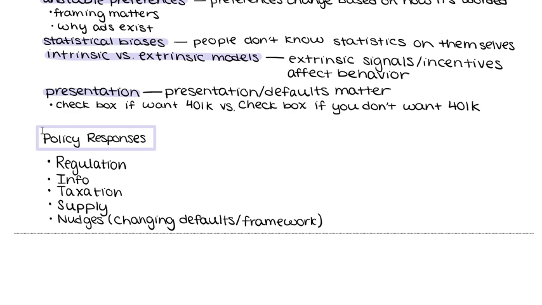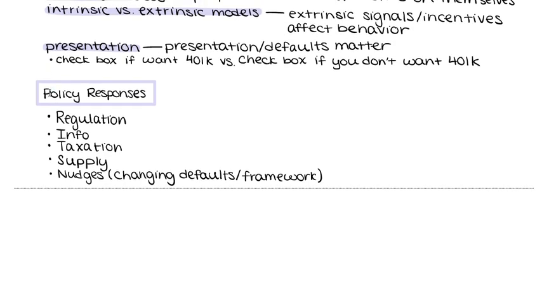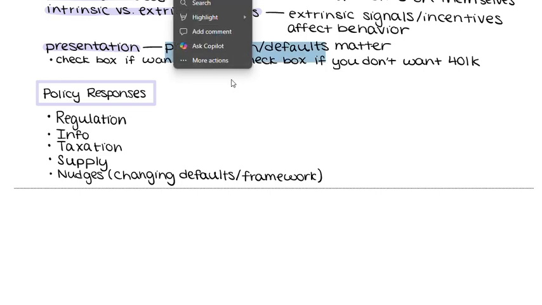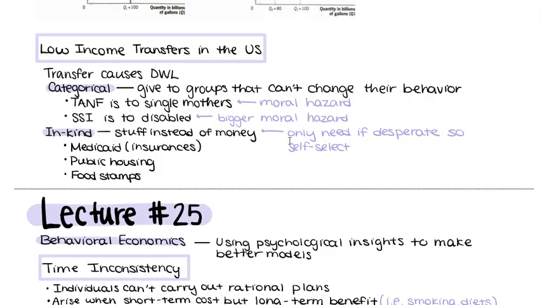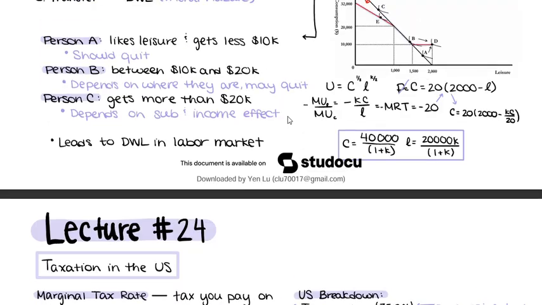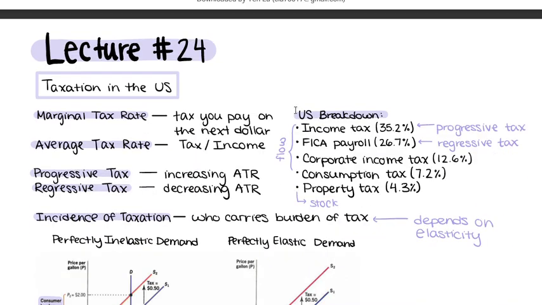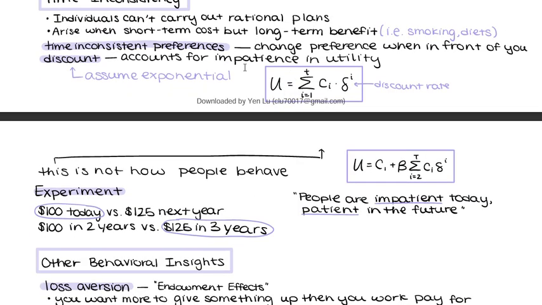Checkbox if you want 401K versus checkbox if you don't want 401K. Okay? Policy responses: regulation, information, taxation, supply, and nudges. Let us change defaults and framing. So that's behavioral economics and externalities. Thank you for listening.